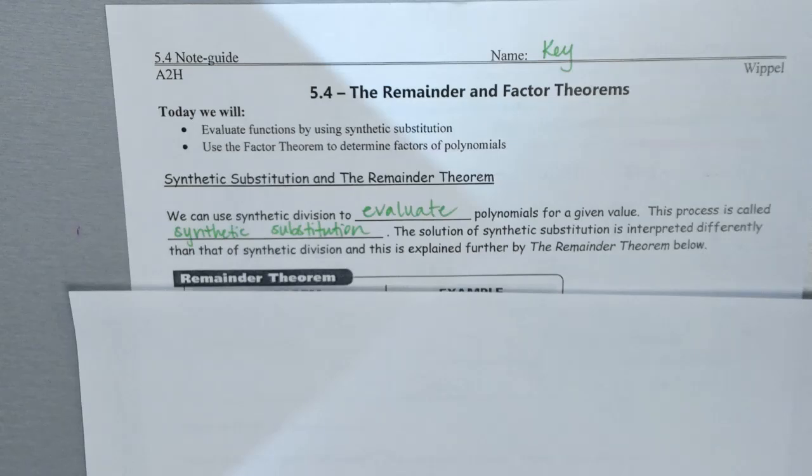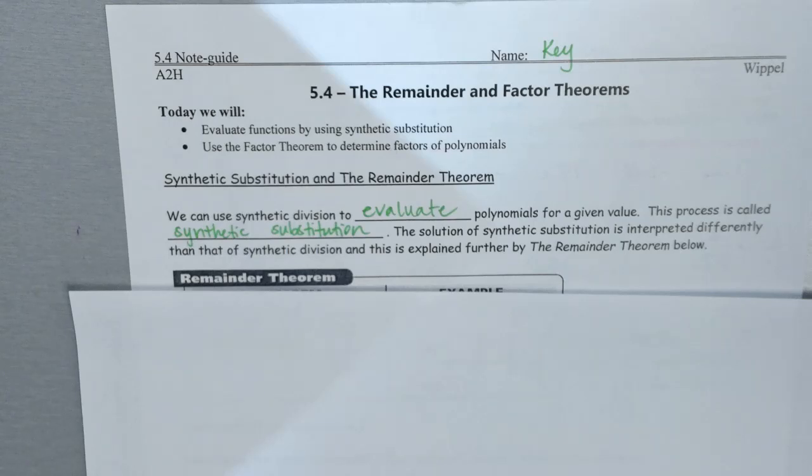All right, so 5.4 is titled the remainder and factor theorems, and we're going to evaluate functions using what is called synthetic substitution. It is just like synthetic division, there's just a different way that we write our solutions. And we're also going to use the factor theorem to determine whether a given factor is a factor of a polynomial.